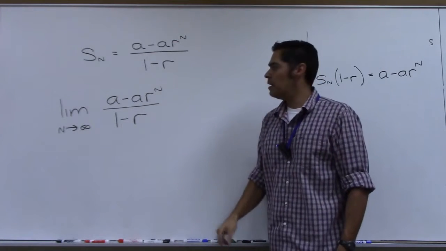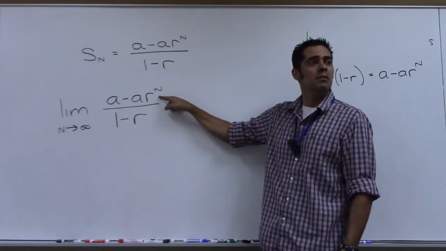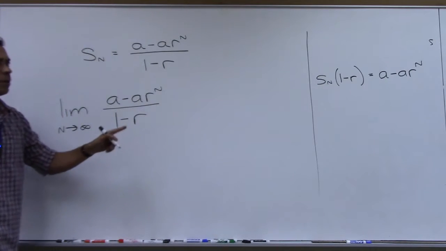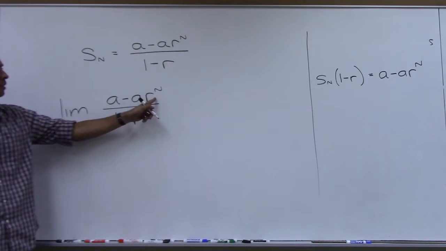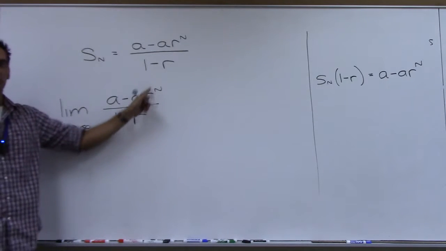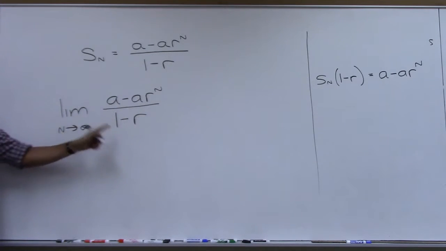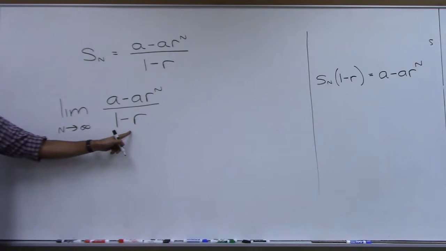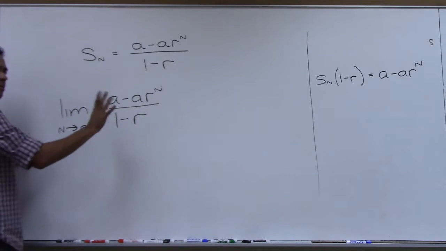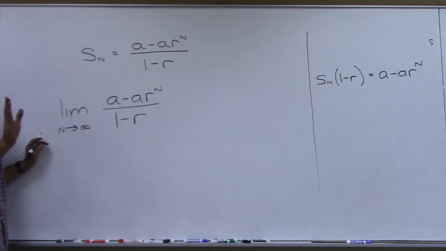Like if r is 1, then what happens? You get 0, don't you? Wouldn't this just be 0? But then on the bottom it would also be 0. Oh, okay, let's not let r be 1 then, huh?